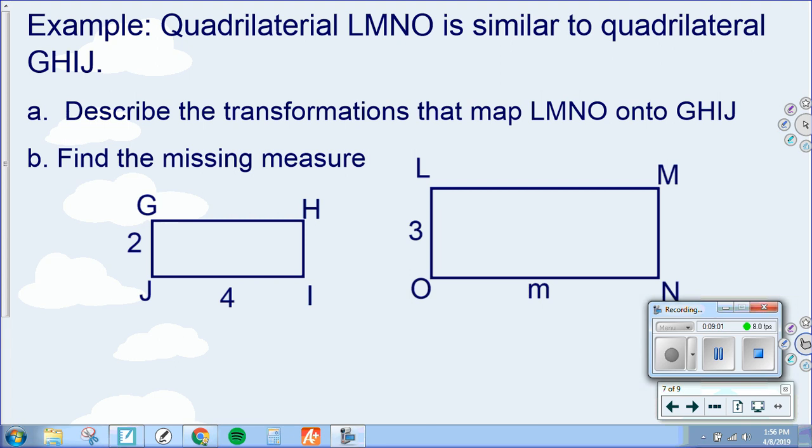You have to dilate and reduce it and translate it left. Okay, so we're going to dilate it. Is our scale factor going to be less than 1, more than 1, or equal to 1? Good. So we're going to dilate it with a scale factor less than 1. Then we're going to do what? Translate it left. So go ahead and write a sentence.